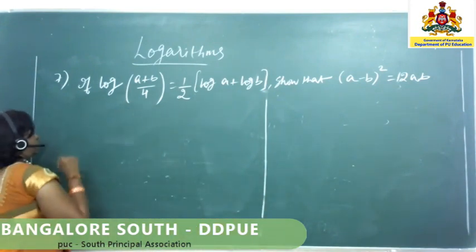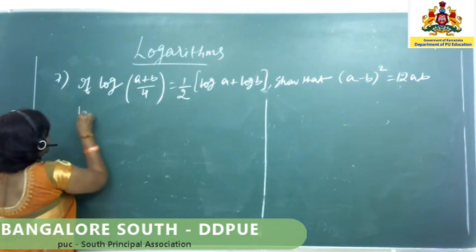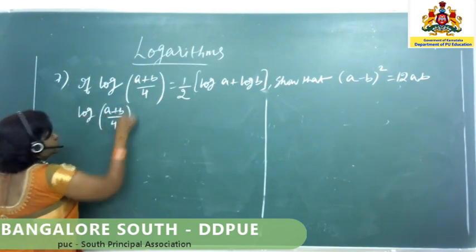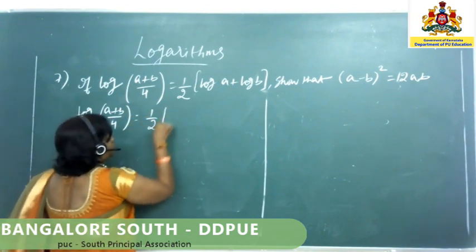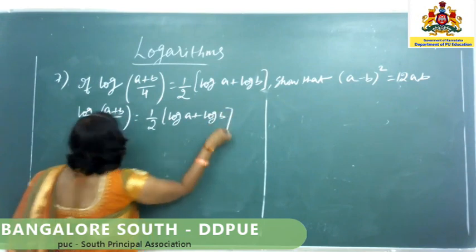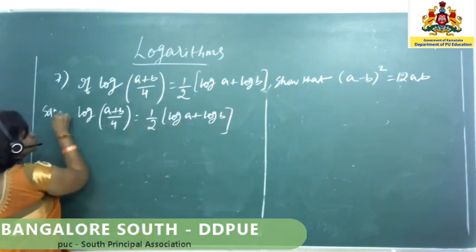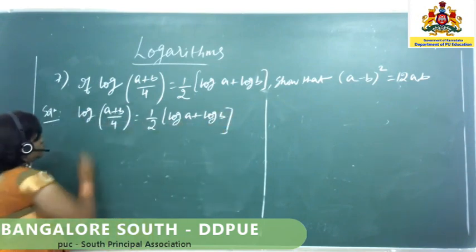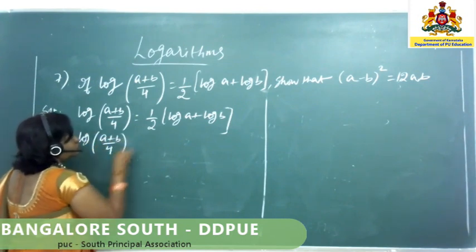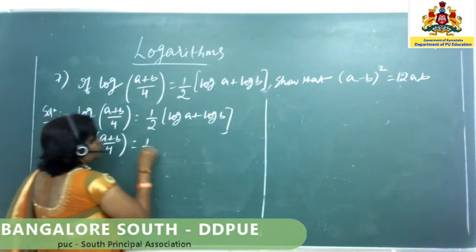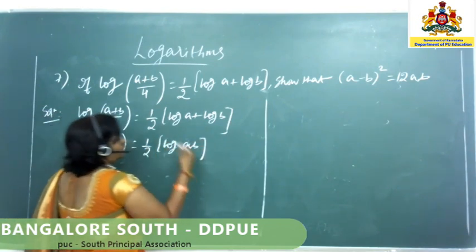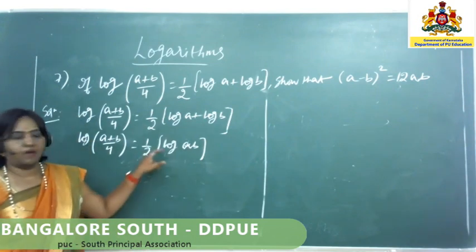So consider the given condition, that is log (a plus b) by 4 is equal to 1 by 2 into (log a plus log b). So this can be written as log (a plus b) by 4 is equal to 1 by 2 into log ab, because log m plus log n is log mn.